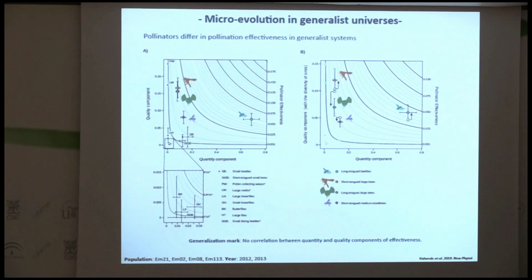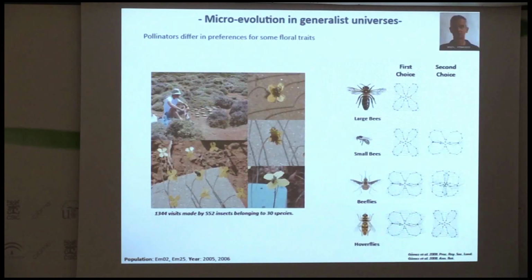Okay, this is just a curiosity. But what is important from this picture is something that I think is happening in most generalist systems. In fact, I think it is quite an evidence that the system you are working with is really a generalist system: there is no correlation between the quantity and quality components of effectiveness. Okay, this is something probably happening in most generalist systems.